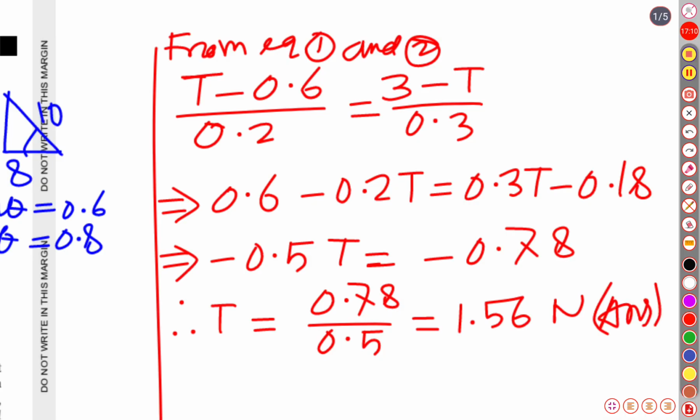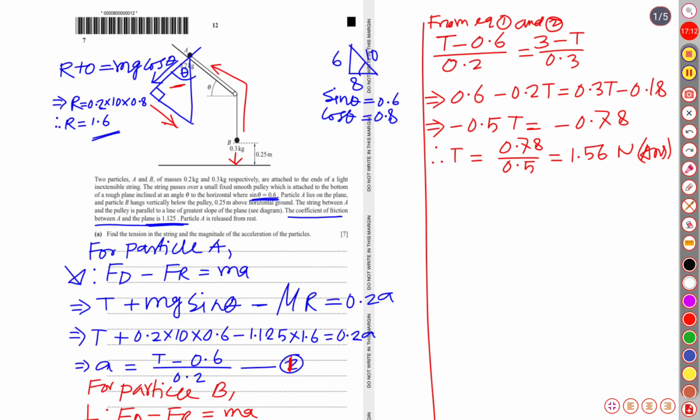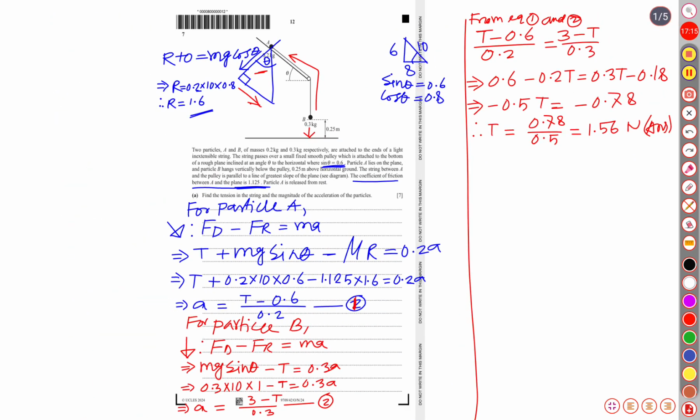We should not forget that they have told us to find the acceleration as well. So let us find acceleration. Substituting the value of tension in any of the equations, we may find the acceleration. Hence a is equal to what? Let us choose the simple one: 3 minus tension, 3 minus 1.56, over 0.3.